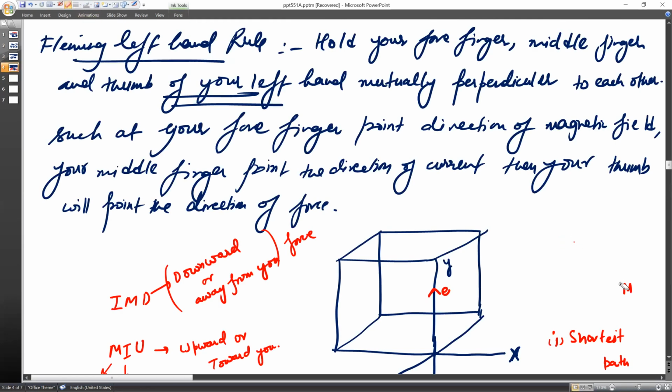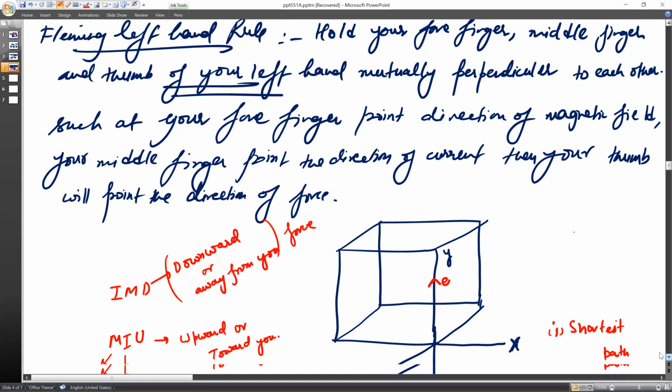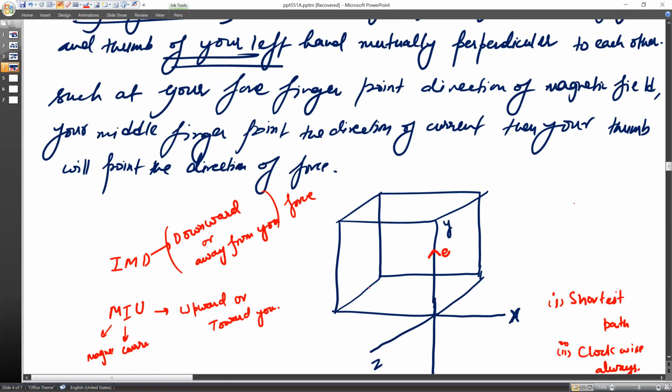The plane of paper is this one. So this will be the north, this will be the south, this will be the west, and this will be the east. Is there any confusion about north, south, east, west?